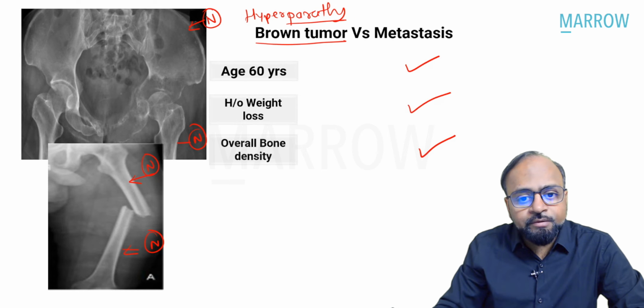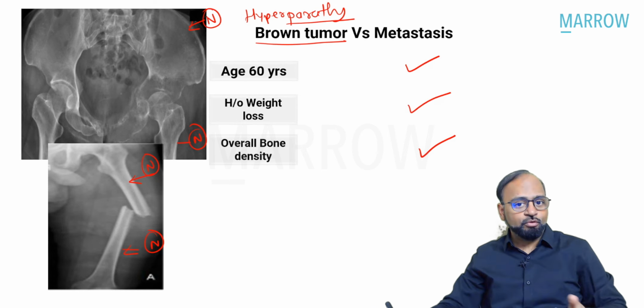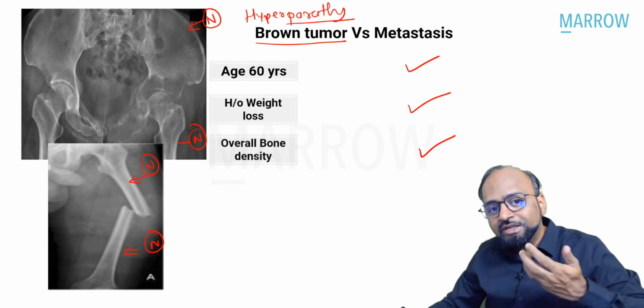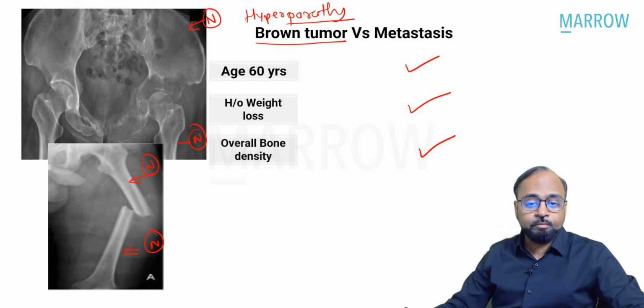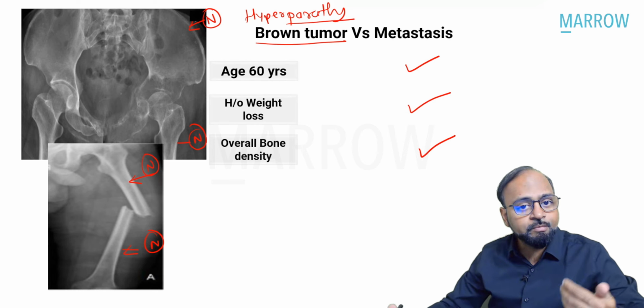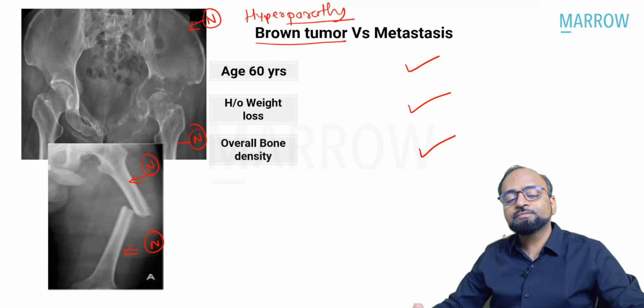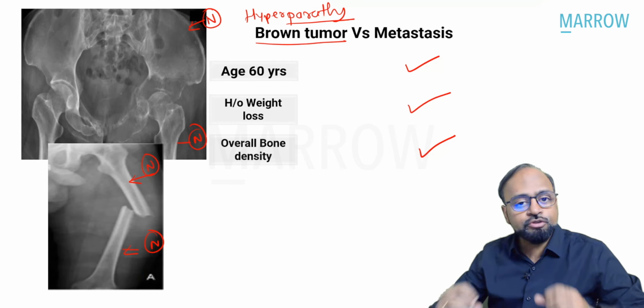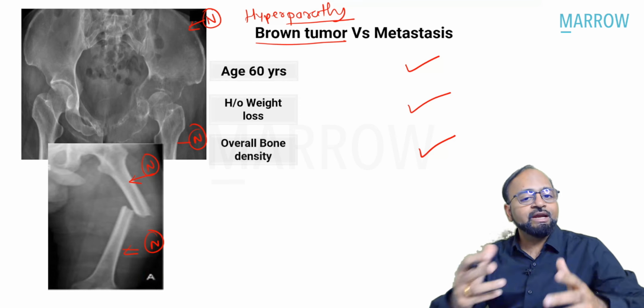So there is a tumor which is secreting excess parathormone. What is the role of parathormone? The role of parathormone is to increase the serum calcium by mobilizing it from where? From the bones. And therefore, in hyperparathyroidism, there is excessive osteoclast-mediated bone resorption, because the parathormone is constantly going and activating them.